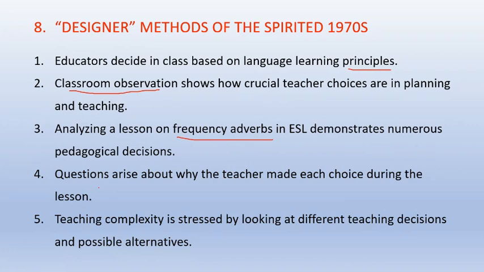Point number 4, questions arise about why the teacher made a choice during the lesson. Number 5, teaching complexity is stressed by looking at different teaching decisions and possible alternatives.